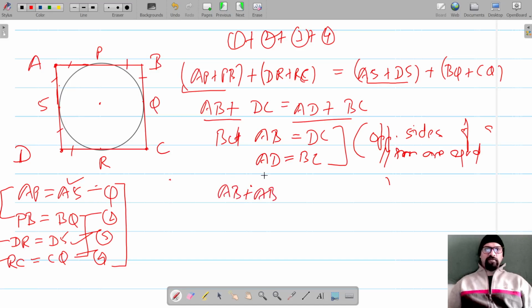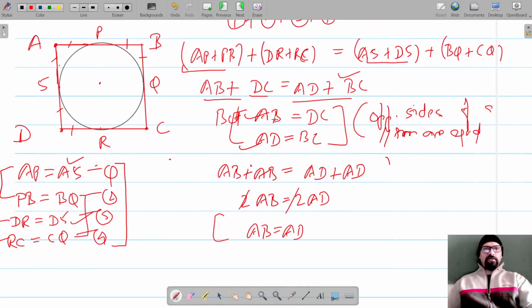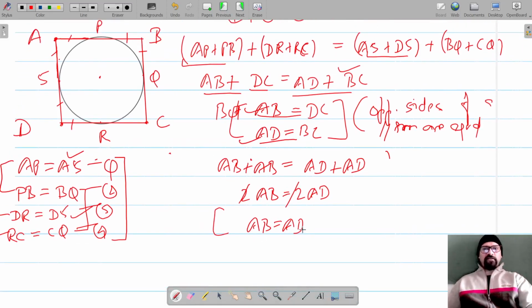Now if I replace DC with AB, this is AB plus AB, and next is AD plus BC. So instead of BC, I'm going to write AD. So this is 2 times AB is equal to 2 times AD. This gets cancelled, and now AB is equal to AD. So AB is equal to DC and AD is equal to BC. Opposite sides are equal, but adjacent sides are also equal.